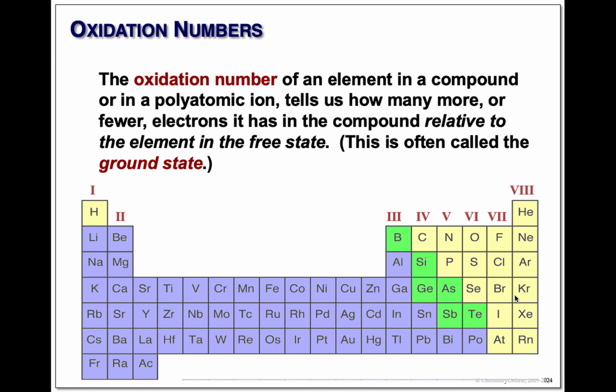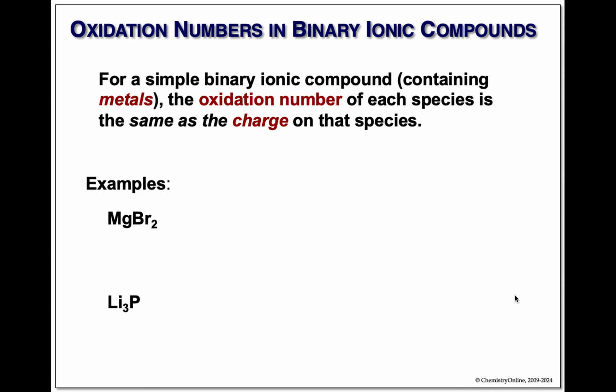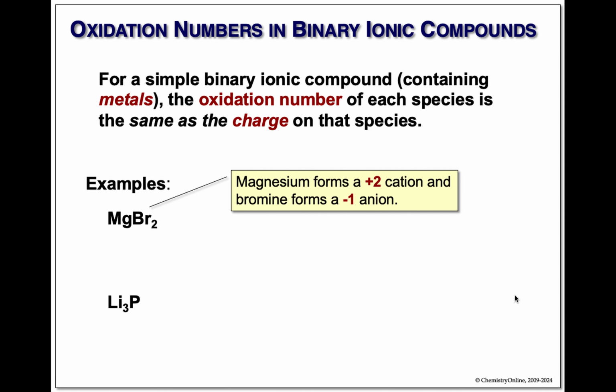All right, what is an oxidation number? Again, back in chapter 3, we said it refers to the ground state of an atom. All elements are zero by definition. If you're dealing with an ionic compound, same thing with a metal, the oxidation number is the same as the charge. Magnesium bromide, magnesium is +2, bromine is -1.